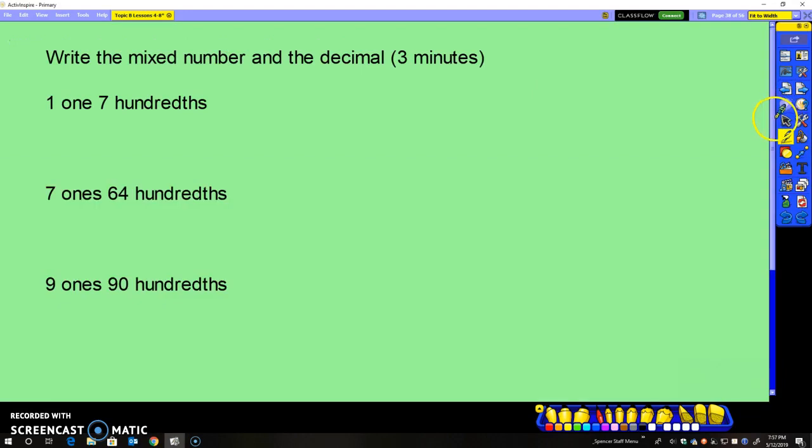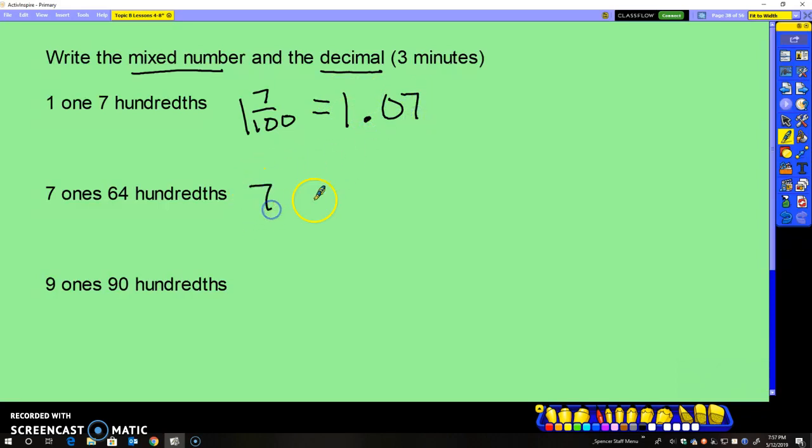Alright, go ahead and try these out on your own. All you're doing is making the mixed number and the decimal. So please pause, show your work on your notes, and then go ahead and check them with me. For this first one, I have one whole and 7 hundredths, and that is equal to 1.07.